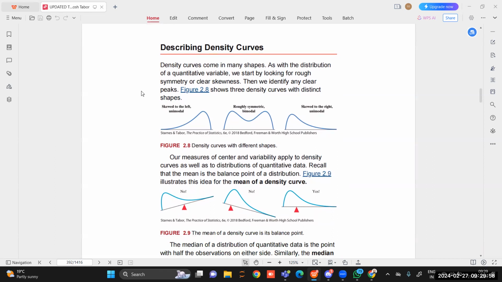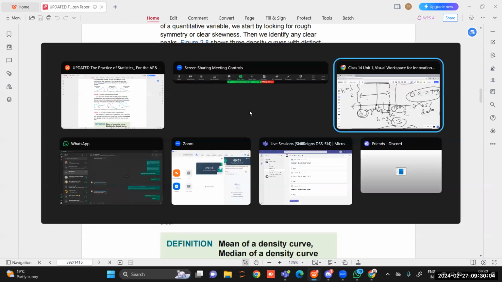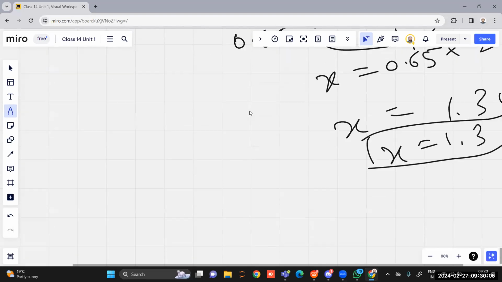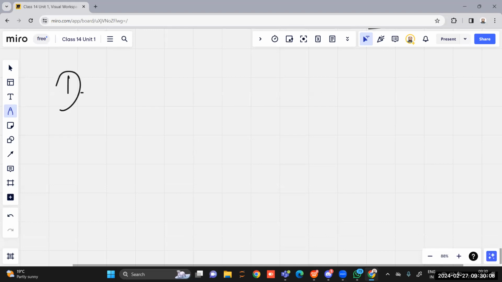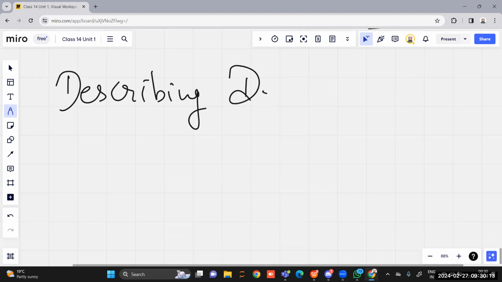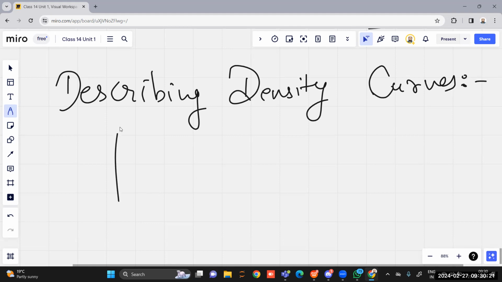Describing density curves. So what is generally a density curve?